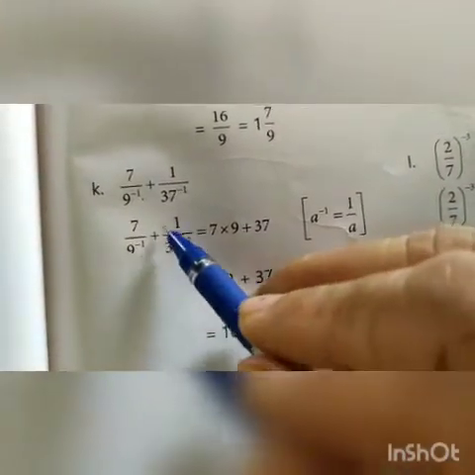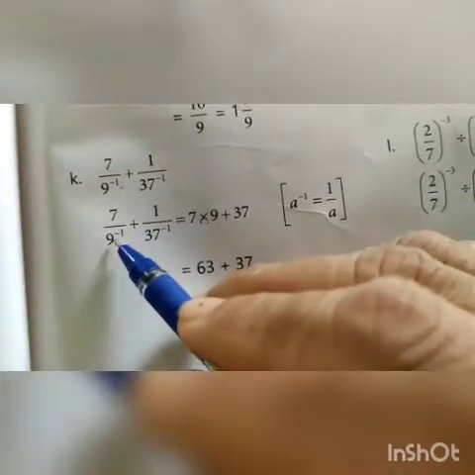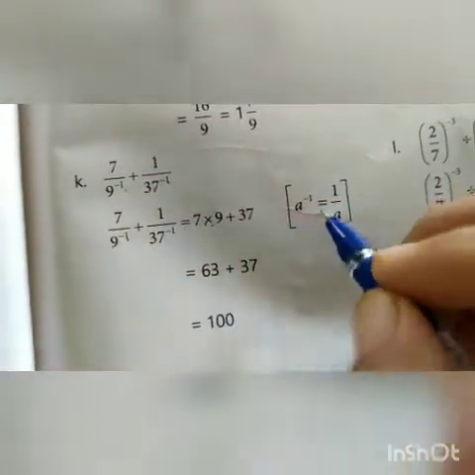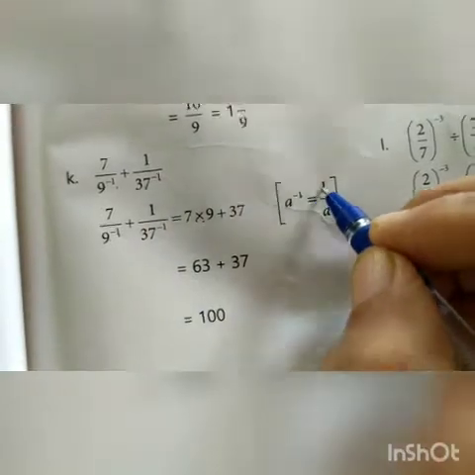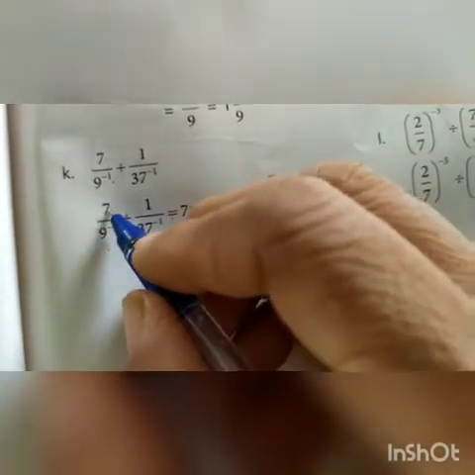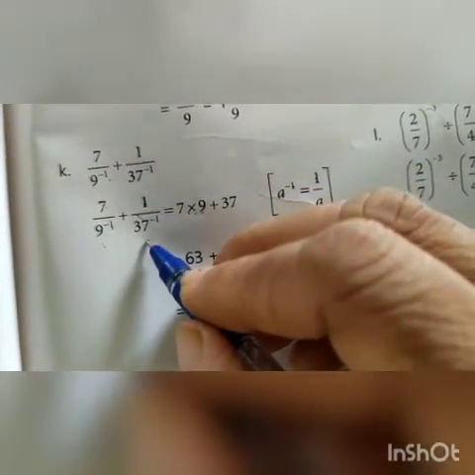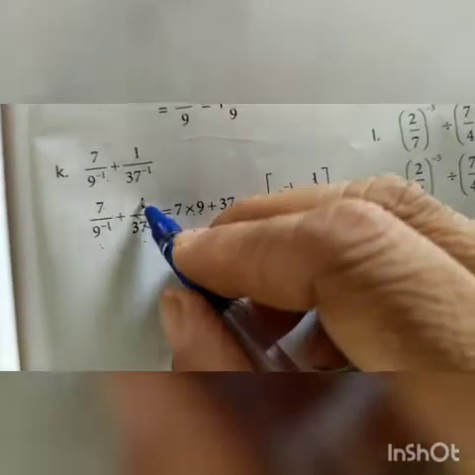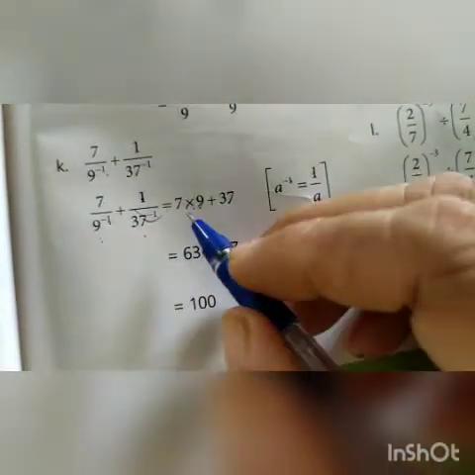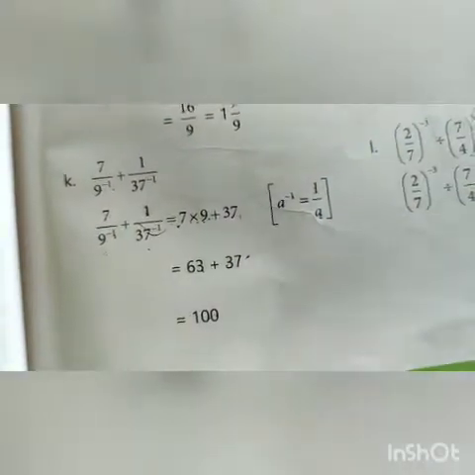This is the question copied. Then this 7 into 9 power minus 1 means, see, 9 power minus 1 means 1 upon 9. We will write here 1 upon 9 and 9 will be multiplied by 7. Similarly, 1 upon 37. When it is multiplied by 1, it will be 37. 7 9 is 63 plus 37 is equal to 100.